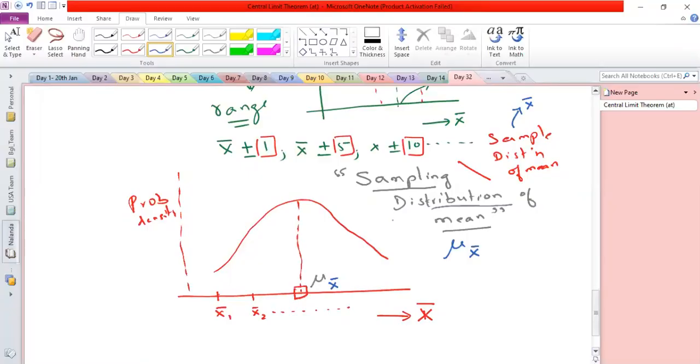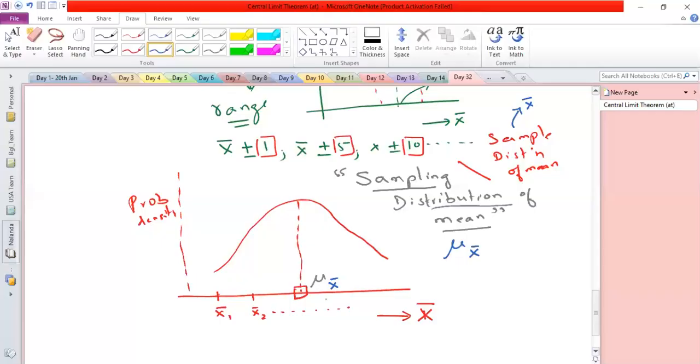You collect such x bars from various samples and again you plot the histogram for those means, then it is called sampling distribution of mean. And the mean of this picture is called mu of x bar.